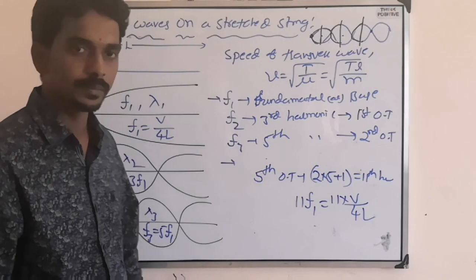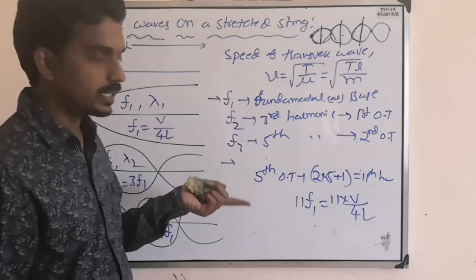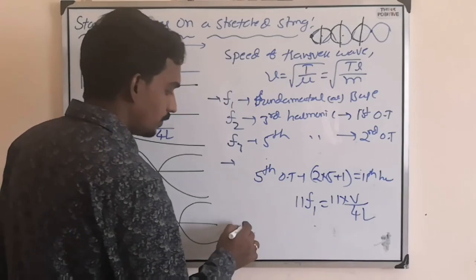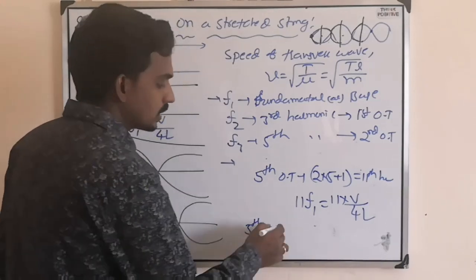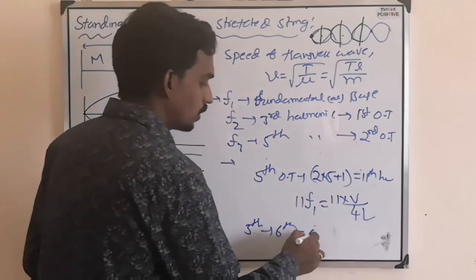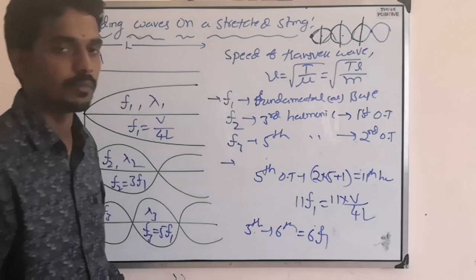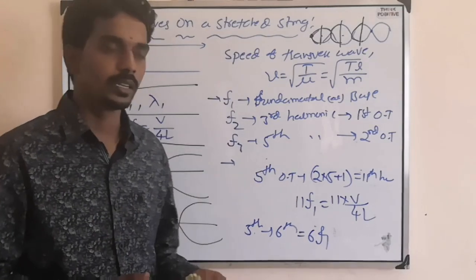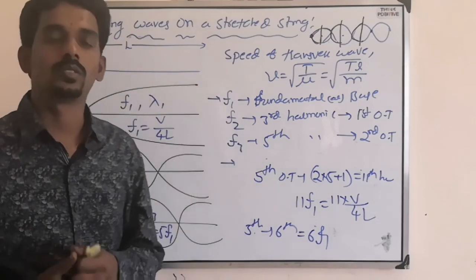Then you can calculate. But in the previous case it was somewhat easier because fifth overtone if they said, then fifth overtone will become sixth harmonic, n plus 1 only. So that the frequency will become 6 times F1. So like that the difference will be there between open string and closed string.